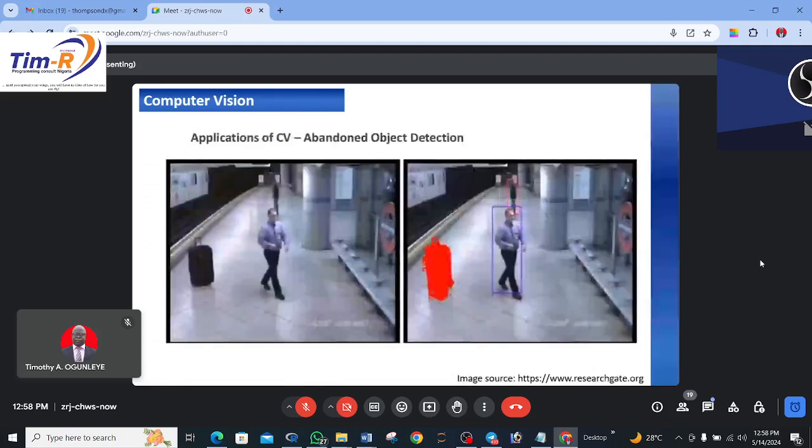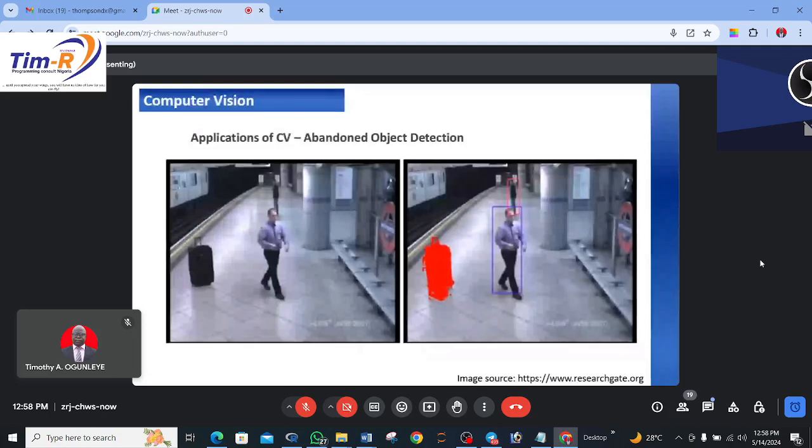Another one is in the airport or in any station. For example, this is a train station. You can see if someone abandoned their luggage or baggage, then we can create a computer vision system that can detect that.